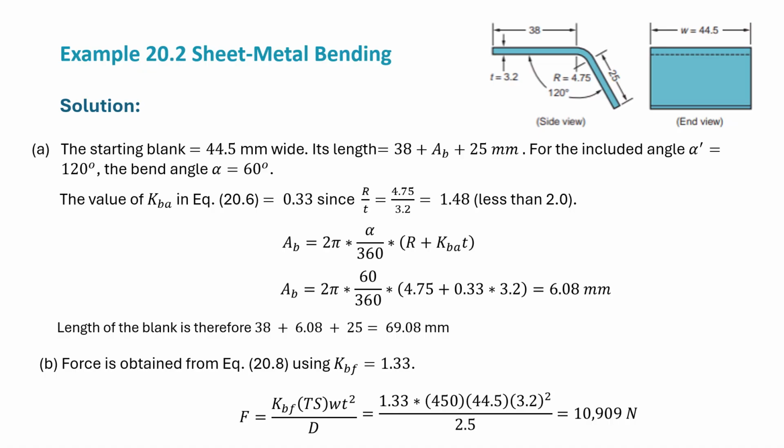So we put all the parameters in, and we get that the value for the force is equal to 10,909 Newtons. So that's it for this question, and we are going to move to the next question soon.